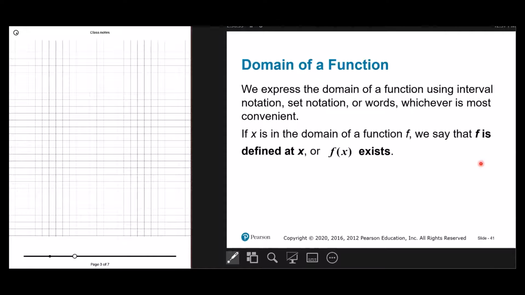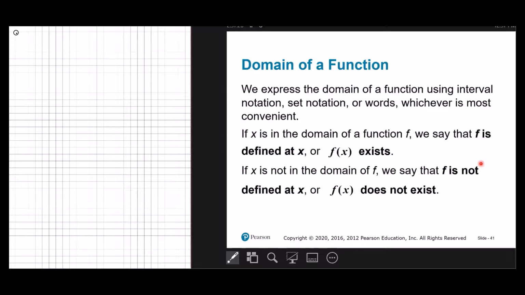done with that. Now, if X is in the domain of a function, then we say F is defined at X. That means X gives us a Y value. So we say F of X exists, or F of 3 exists, F of -7 exists, or F of X exists at X equal to 3. So there's a couple of ways of saying that. If X is not in the domain, then we say F is not defined at X. F is not defined at 3, because 3 won't work in the function.